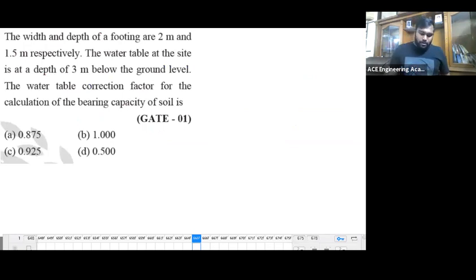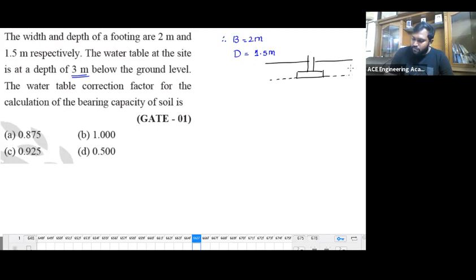Now you see this question. The width and the depth of a footing are 2 meters. What is the width of the footing? 2 meters. What is the depth of the footing? 1.5 meters. The water table at the site is at a depth of 3 meters below the ground level. If this is a footing, this is D, 1.5 meters, and this is B equal to 2 meters.